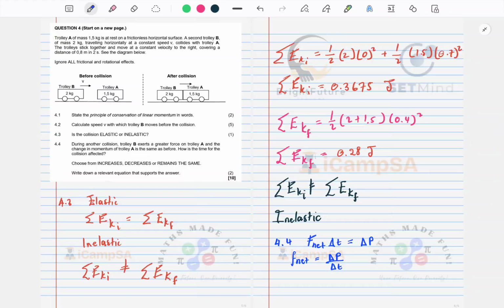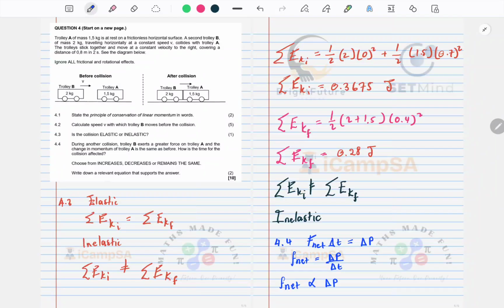Okay, so this here tells us, let's write it like this: F net is directly proportional to change in P. So if you increase the change in momentum, you are increasing the net force. But here they are telling us that the change in momentum remains the same.